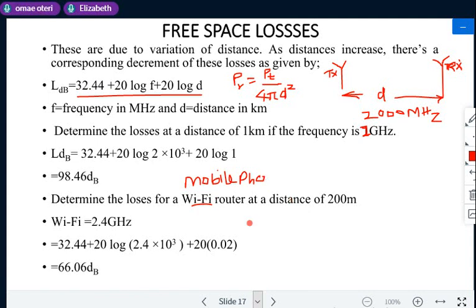So the answer here is for 0.02, I believe. So maybe we can take this to be 20 meters so that it comes to the exact value of 66.06. You can confirm also.